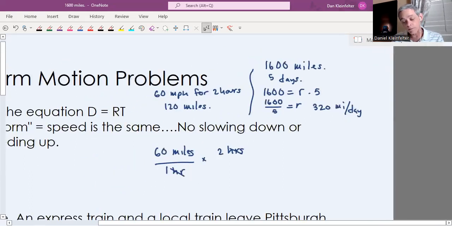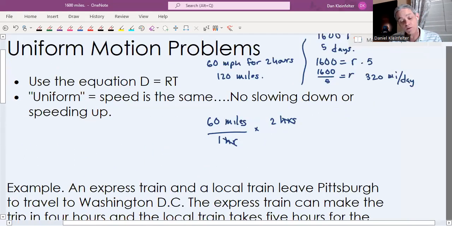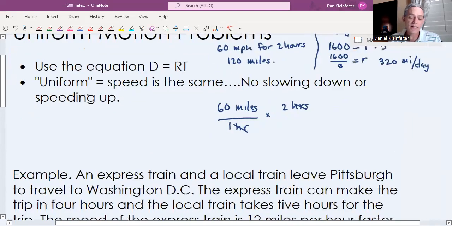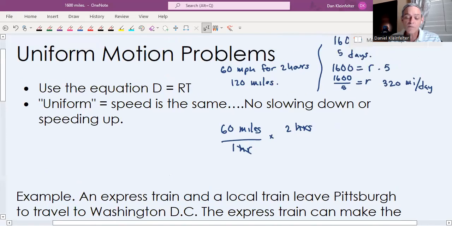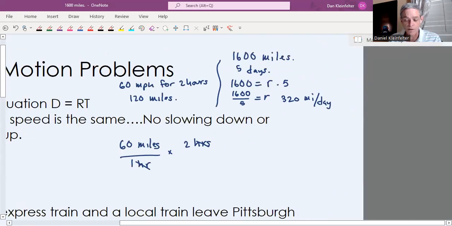One thing that you probably noticed is that we were going at a constant speed in each of these situations, which is not realistic, but that's the way that it goes. In uniform motion problems, what the uniform refers to is the uniformity of the speed. There is no speeding up or slowing down in these problems. When you're going your 60 miles per hour for 2 hours, you're going that speed constantly for the whole 2 hours.